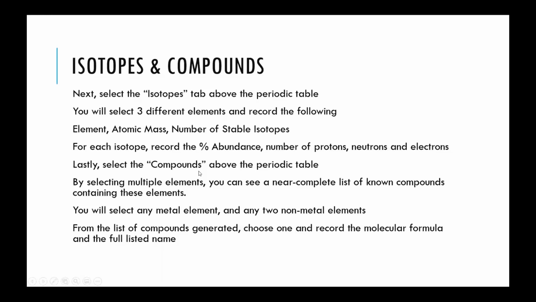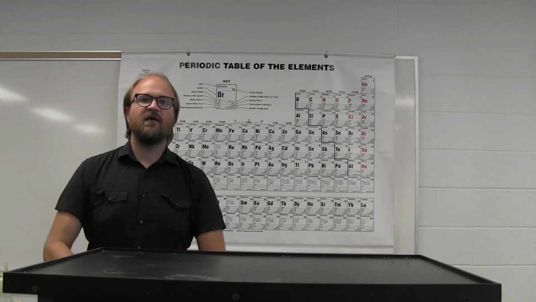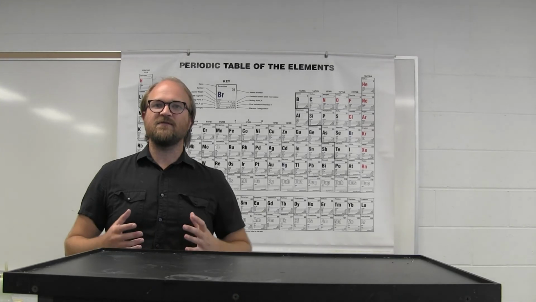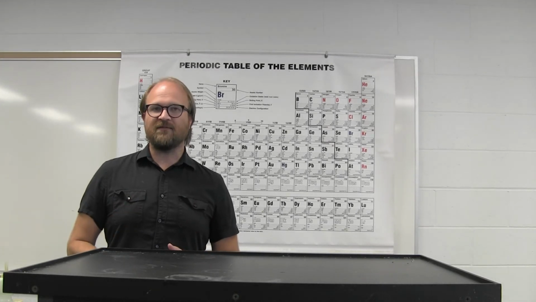Lastly, in the Compounds tab, you're selecting one metal and two nonmetals and recording the name of any of those compounds that come up, as well as their molecular formula. In the end, this activity is all about using the periodic table.